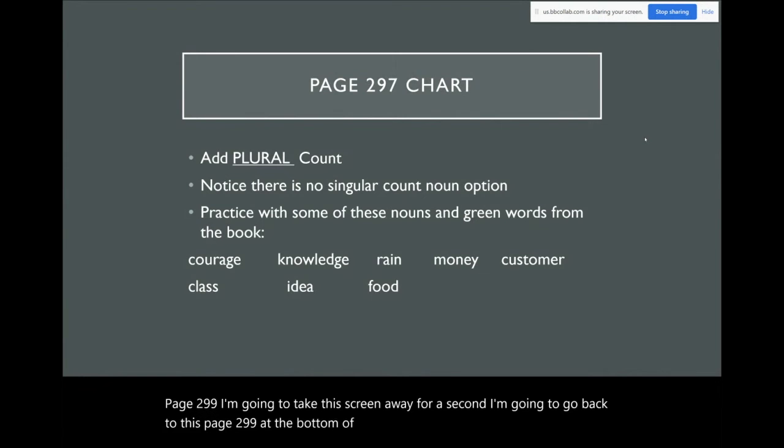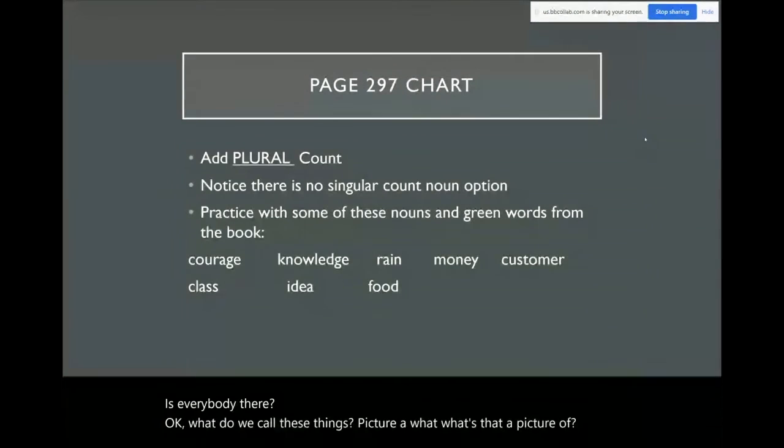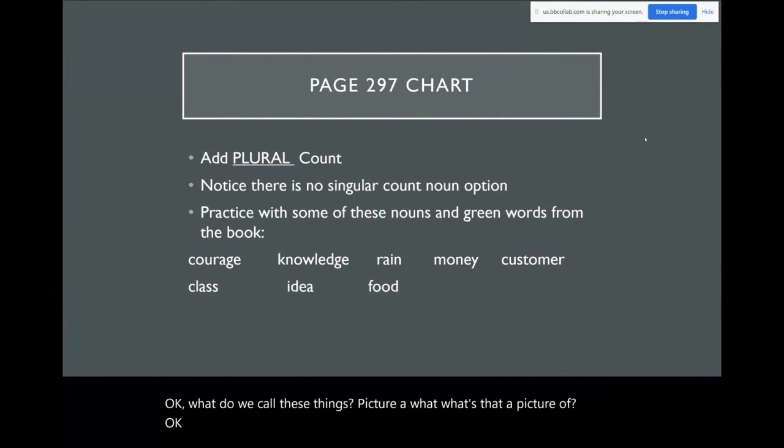Do you see picture A, picture B, picture C? Is everybody there? Okay, picture A, what's that a picture of? A pair of glasses. Okay, good.